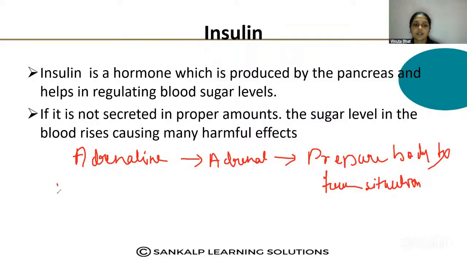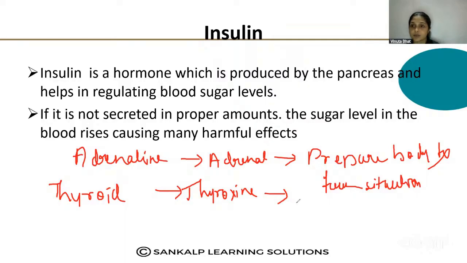Then the second one, the thyroid gland, which produces thyroxine. The thyroxine hormone is responsible for carbohydrate, protein and fat metabolism. If there is an iodine deficiency, then it causes the goiter disease.